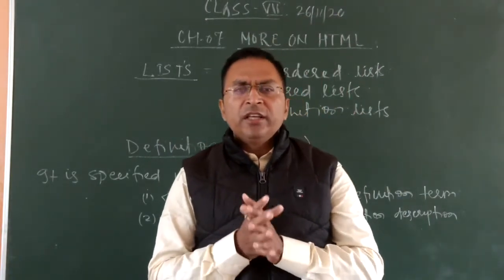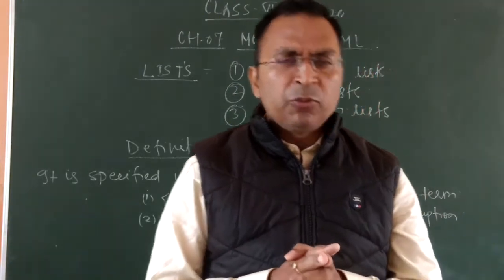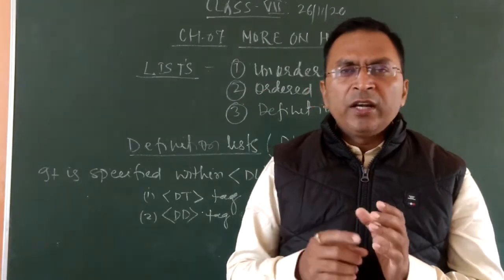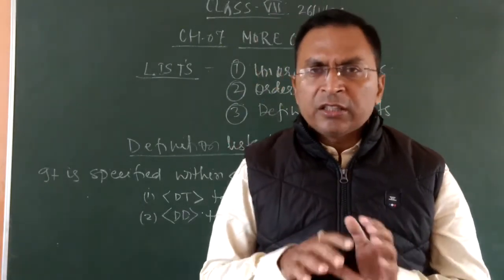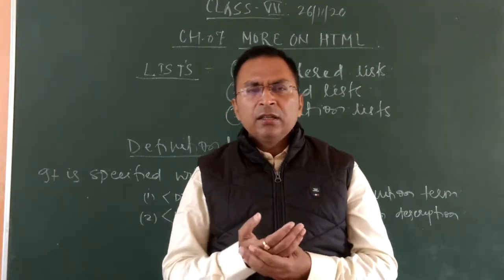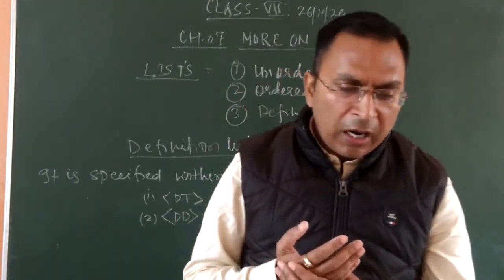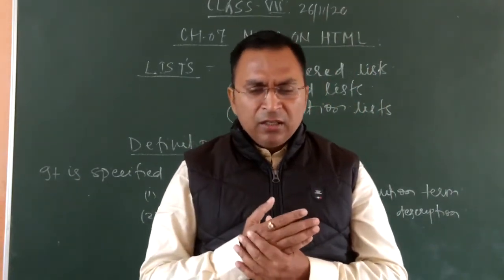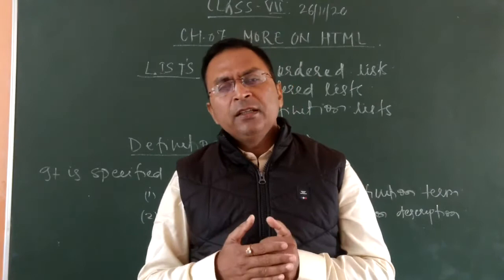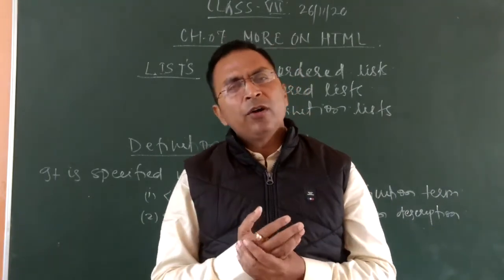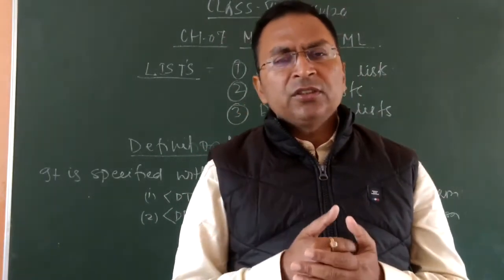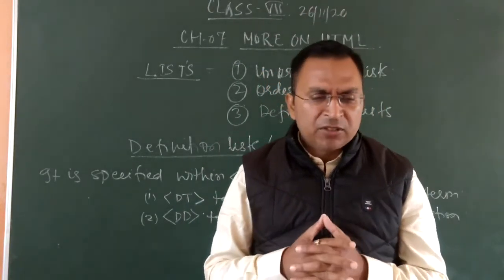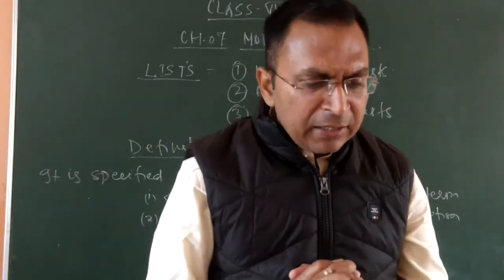Suppose type is equal to 1. If the user provides type equal to 1 in the HTML code, then the numbering of the output will start from numerical value 1, up to however many numbers the user needs.